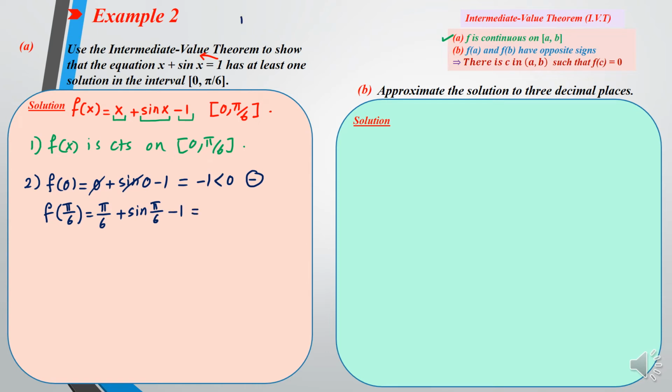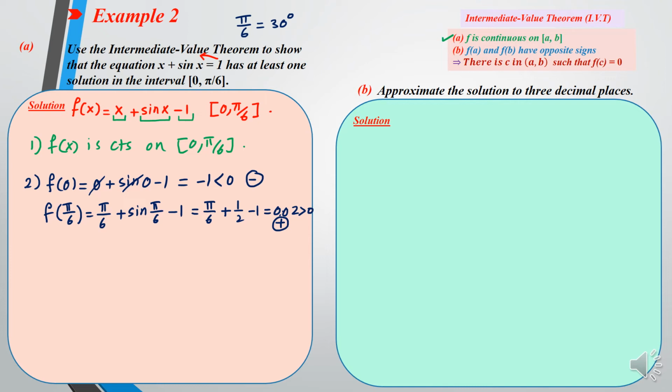Now pi over 6 is 30 degrees, and sine 30 degrees is 1 over 2. Use a calculator to find this operation. You will get 0.02, which means it is positive. So f of 0 and f of pi over 6 have opposite signs.